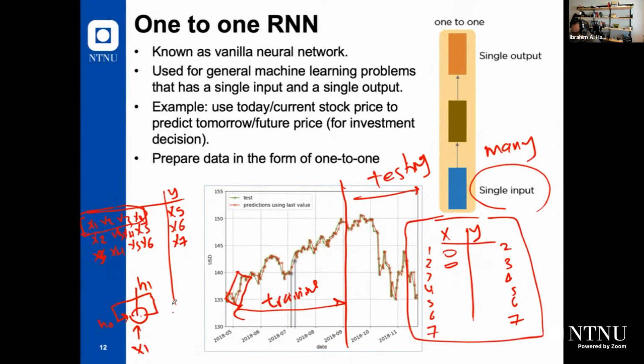I will repeat this process. In the next step, I will feed x2, and I have h1 now, so I will feed h1, correct? And I will calculate h2.